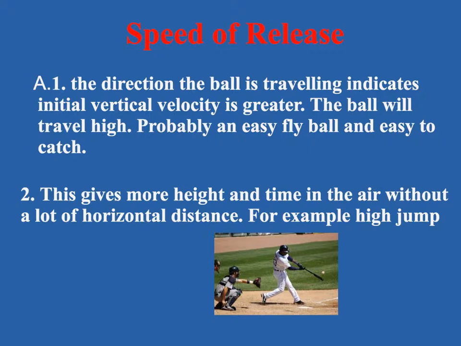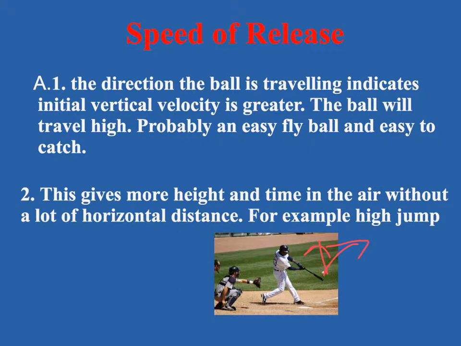So the direction the ball is travelling indicates initial vertical velocity is greater. That means it will go upwards, up that way, more so than downwards. Probably an easy ball to catch, just like our cricket players last night.